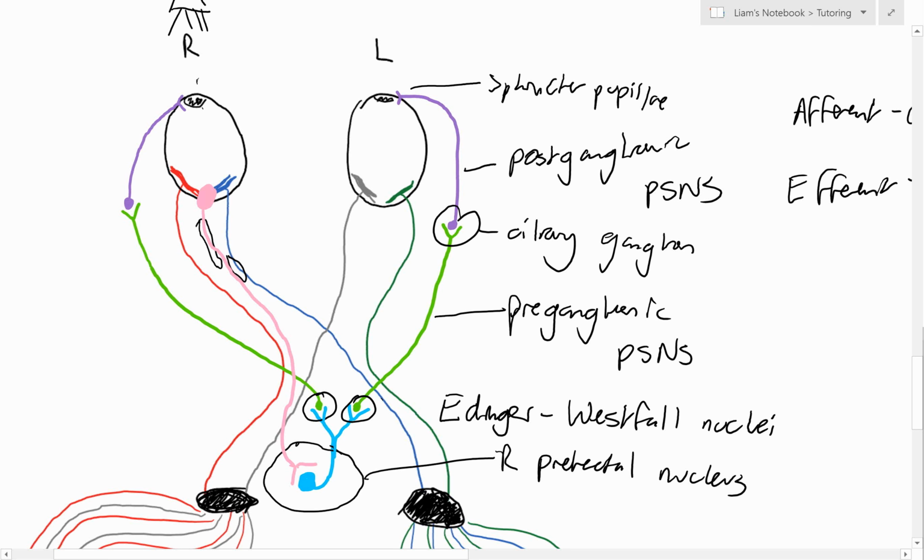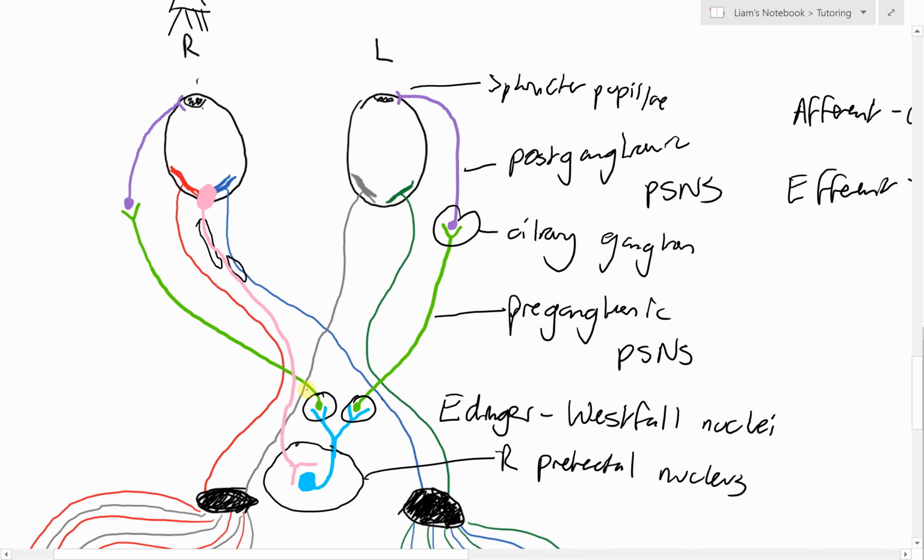MS is a demyelinating disease, and so what that does, as the name suggests, is destroy the myelin covering surrounding nerves. Myelin's really important for nerves to be able to transmit messages quickly. So you get a disruption and a slowing of the nerve signal from the eye to the pretectal nucleus.